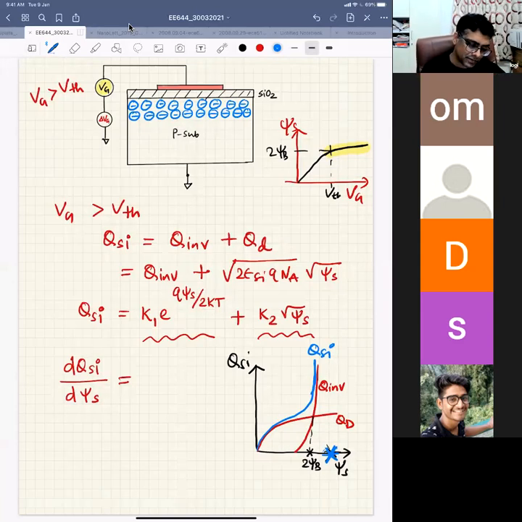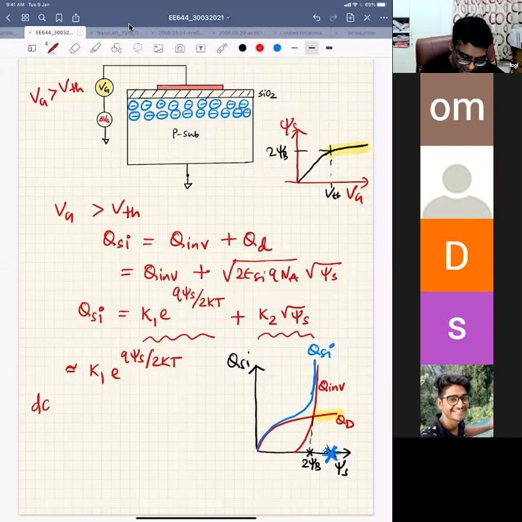And even if psi s is changing a little bit, your QD is changing very slowly, right? So we could neglect it, and write your Q silicon as approximately k1 e to the power q psi s by 2 kT. This is in the inversion.